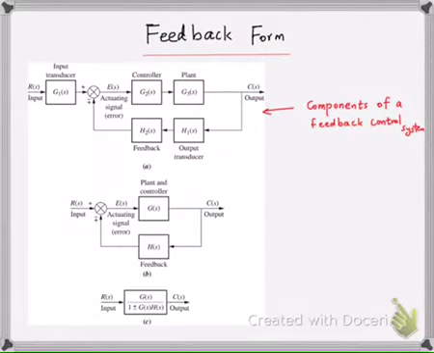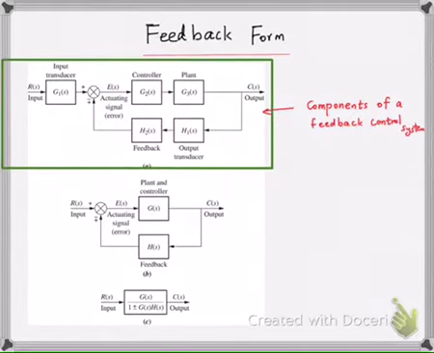The next type of interconnection, which is the most important one that we are very much interested in in this course, is the feedback form. What you see in the first figure here shows the components of a feedback control system.